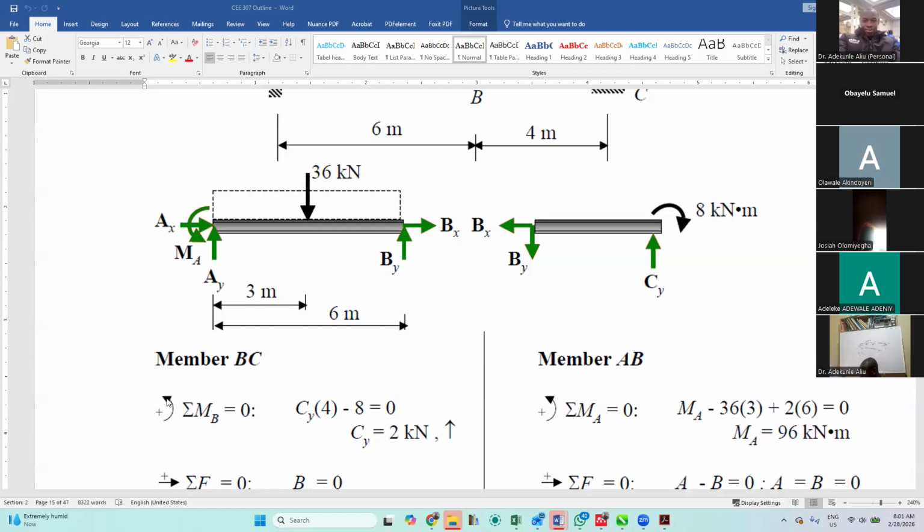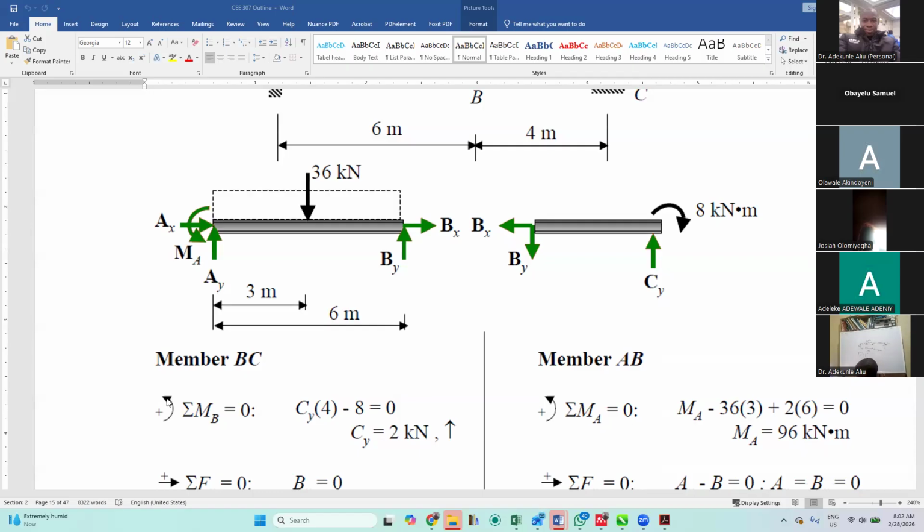It is very important for you to indicate this so that everybody will be able to understand what you are doing. Now, if I say this is positive, that means this direction is negative. This principle is what we're going to use in solving this problem.